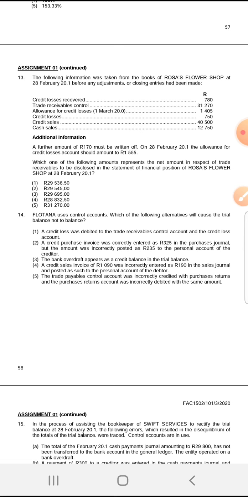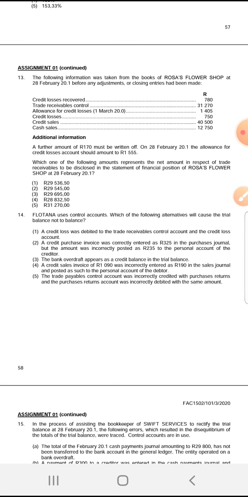Remember, we've already included the one of 1,405, so we have to deduct 1,550 for us to get the net amount.